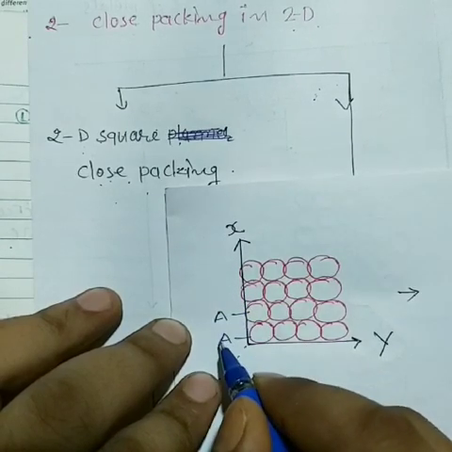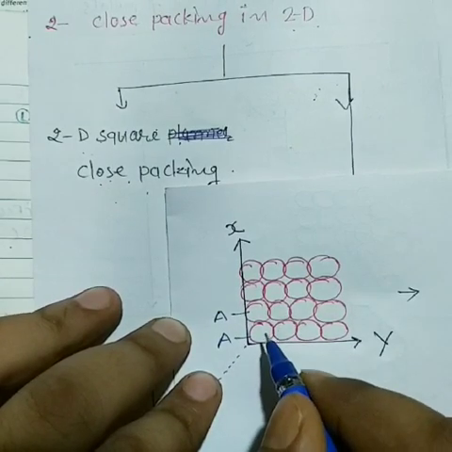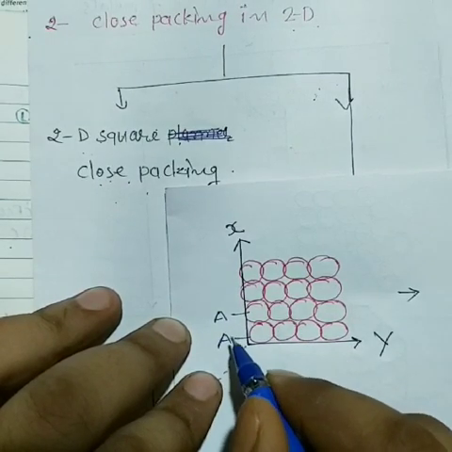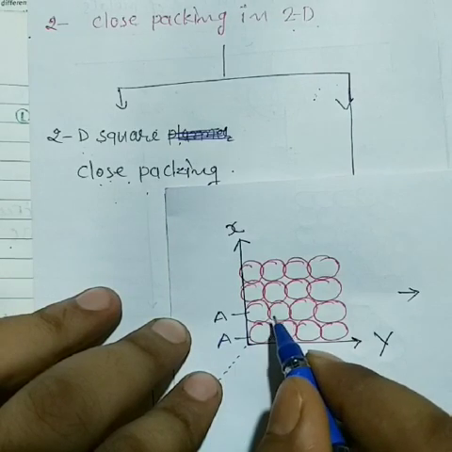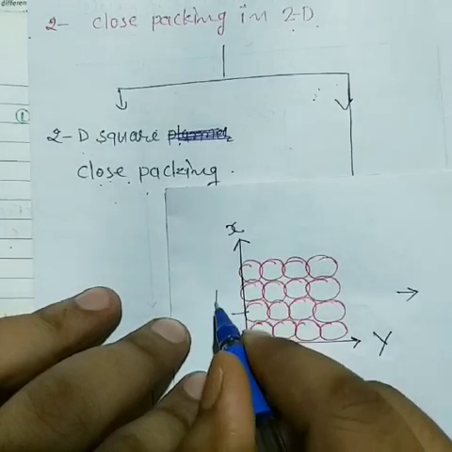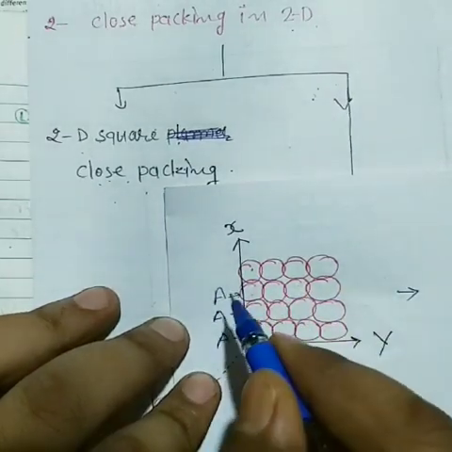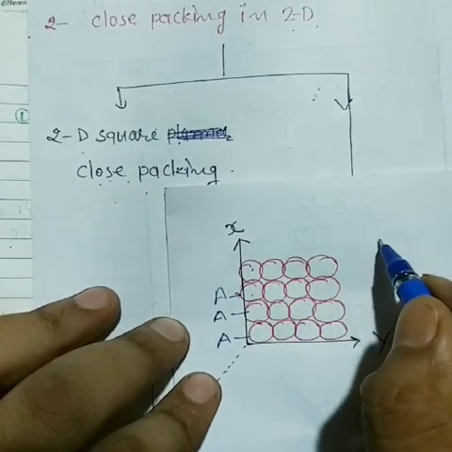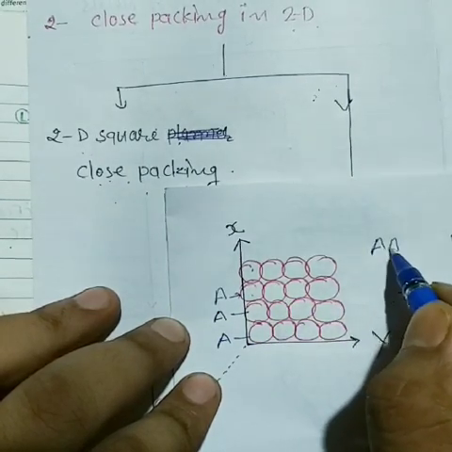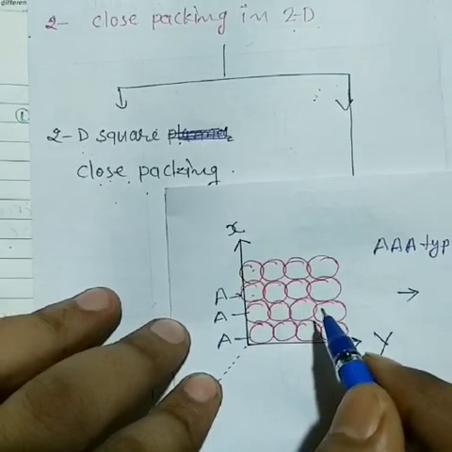It is also A, that means they are the same type of arrangement. The first row is just over this row, and just over this row, and all have the same arrangement. So it is also known as AA type crystal.